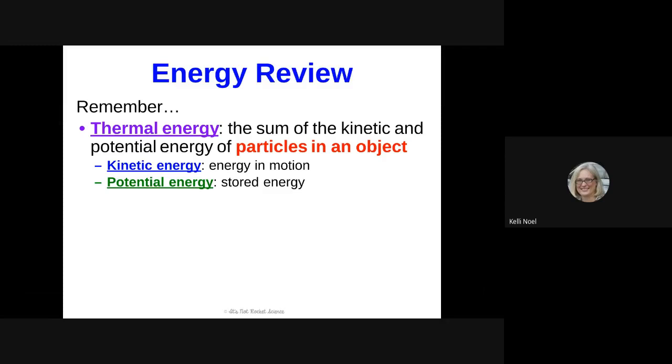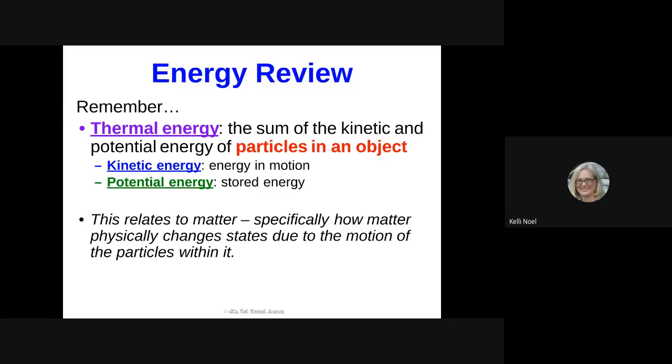As soon as it starts rolling, then that's being changed into kinetic energy. And so this is going to relate to how matter goes through physical changes. We have a theory that's going to explain what we know that's true about this.